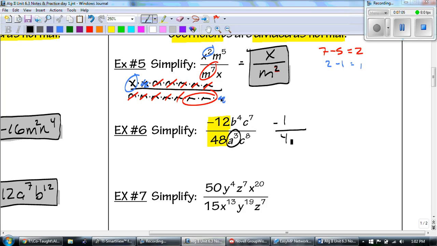Alphabetical, a: I got a cubed, nothing happens with that. b to the 4th, that's the same, nothing's going on there. And then my c's, who wins, the top or the bottom? The bottom, and the bottom wins by 1. So then we have c to the 1st on there.